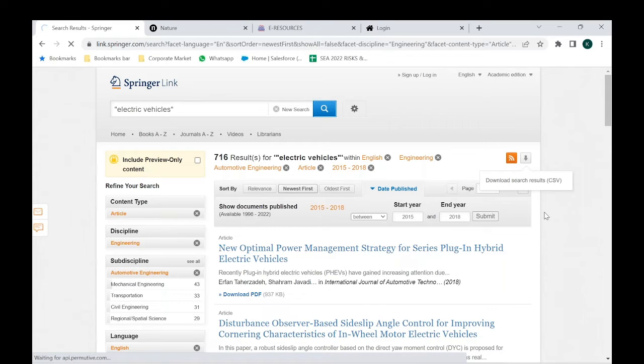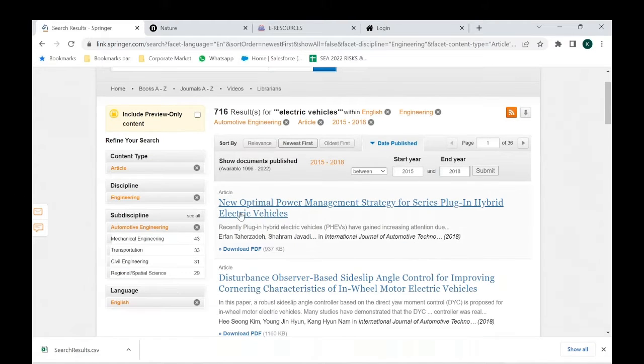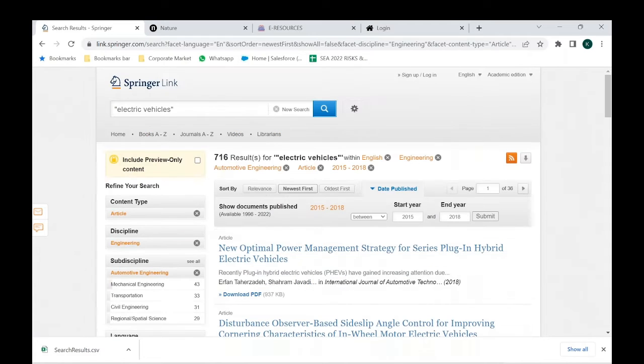A CSV file, if you're not familiar, is a format type for Excel, where you can save every one of the names and the URL links for each of these results based on the criteria or arrangements that you've set previously. So obviously you probably won't want to read all 716 today.